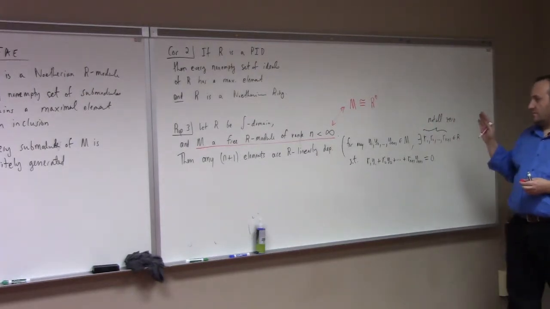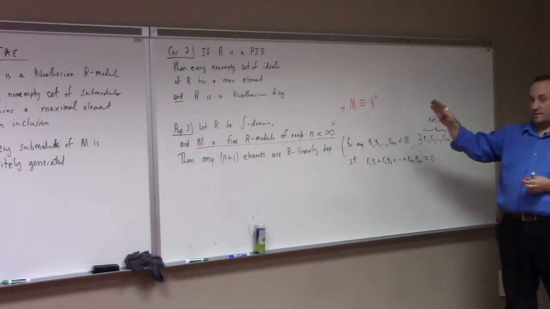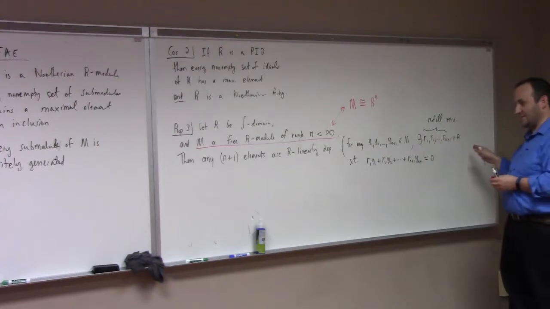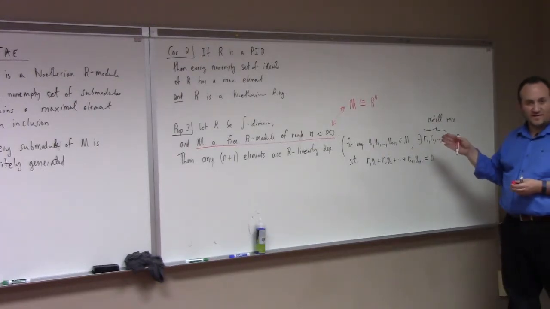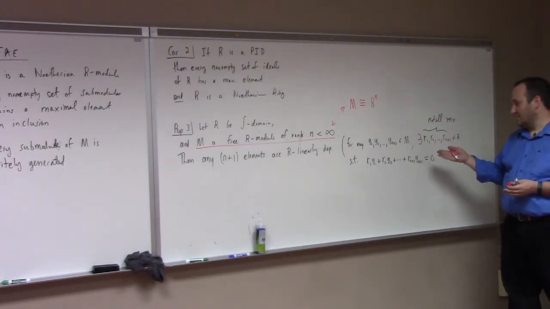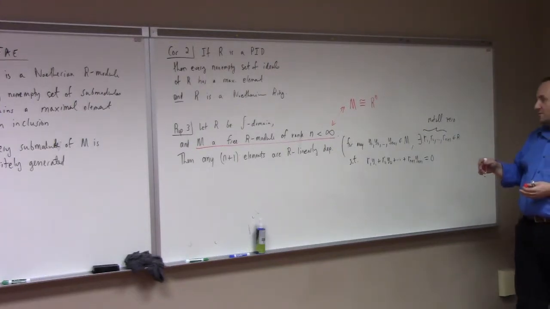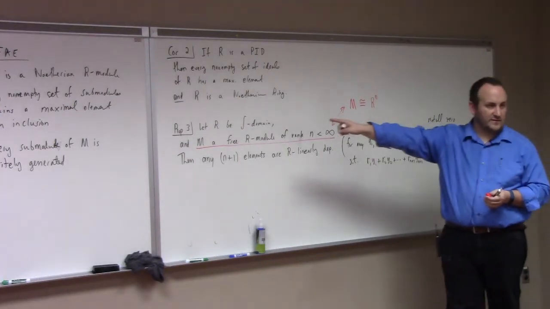So suppose we have an integral domain and suppose you have these n plus 1 elements like this. His first argument is to pass to the field of fractions, right? So if we have an integral domain, we can construct the field of fractions.